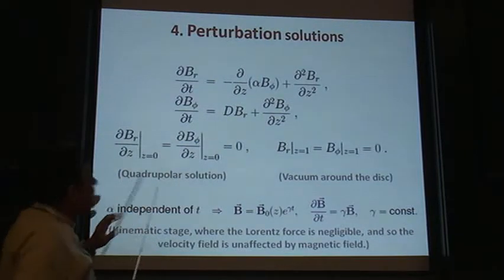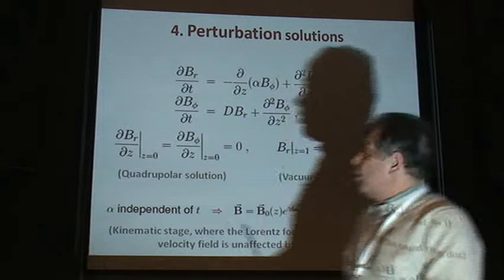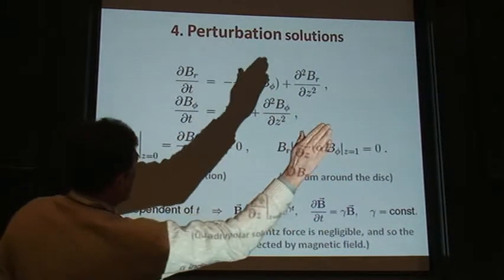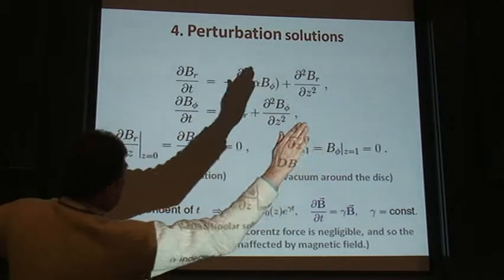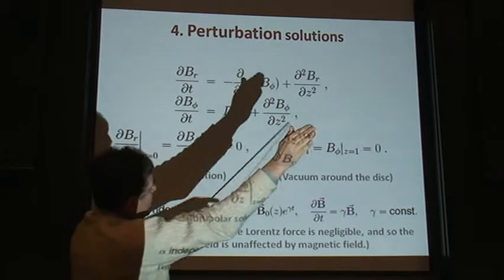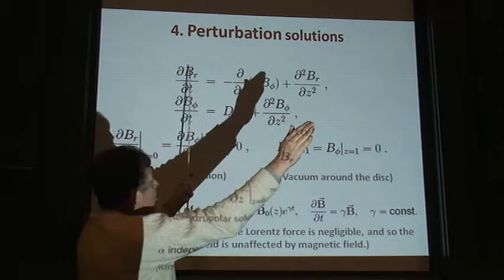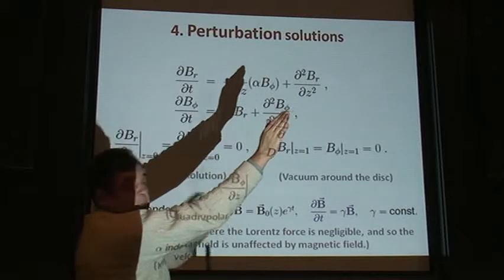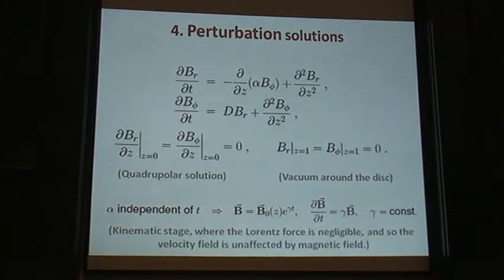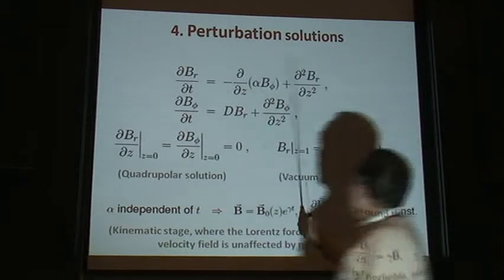So, if I forget about these two terms, right? Like this. What we get is an equation for B_r and a separate equation for B phi. The equations become uncoupled, and each of these two equations can be easily solved, right? It's y double dash plus omega squared y is equal to 0. So, this is the idea of the solution.